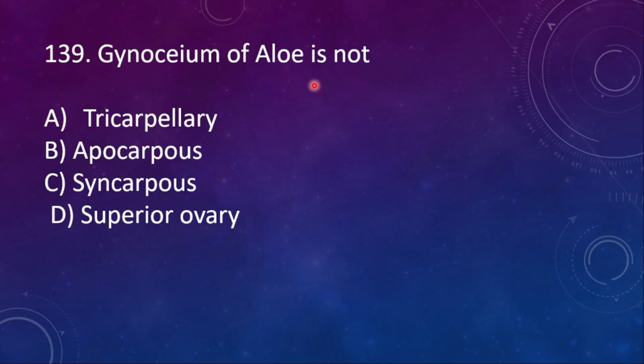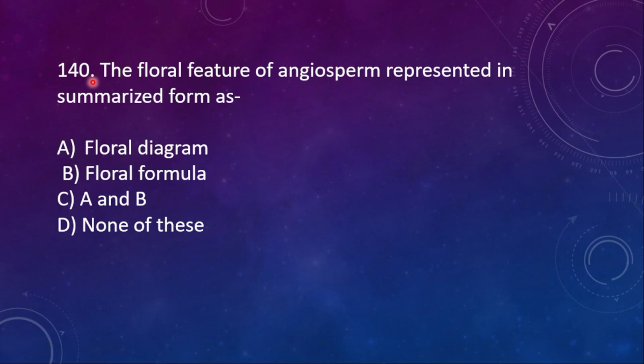139. Gynoecium of aloe is not: A. tricarpellary, B. apocarpous, C. syncarpous, D. superior ovary. Here the right option is B, apocarpous. 140. The floral features of angiosperms represented in summarized form are: A. floral diagram, B. floral formula, C. both A and B, D. none of this.